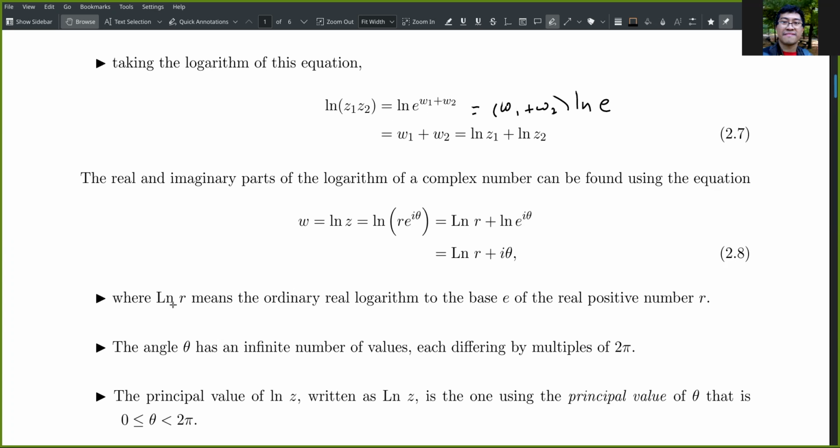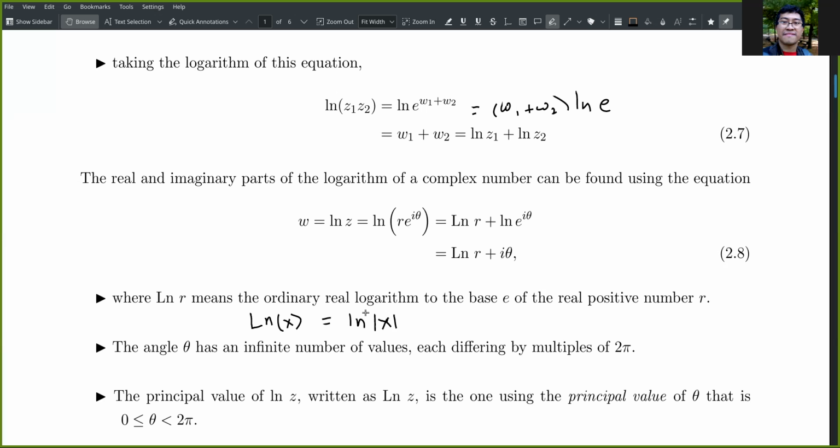Capital letter L n means that you have an ordinary real logarithm to the base e of a real positive number r. So it's understood that r is a positive number, or you can think of it as, say you have Ln of x, that's equal to ln of absolute value of x.